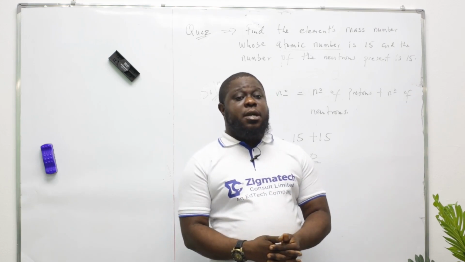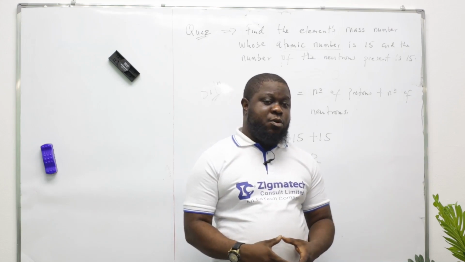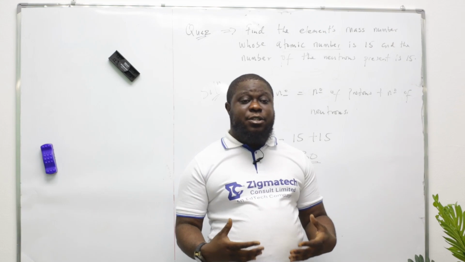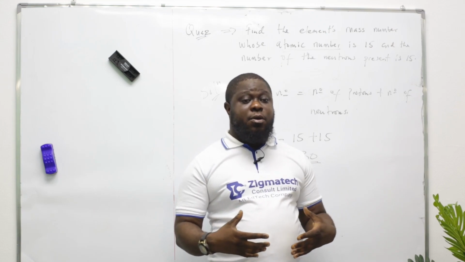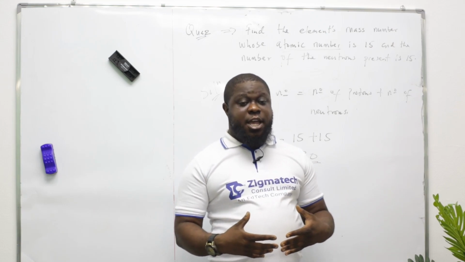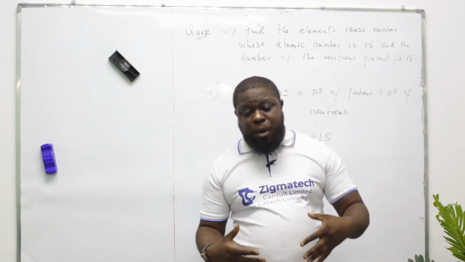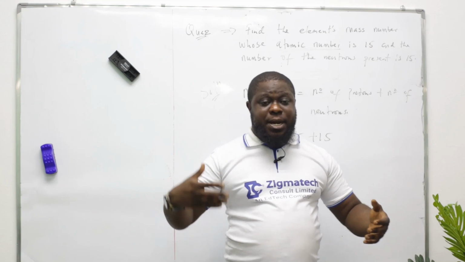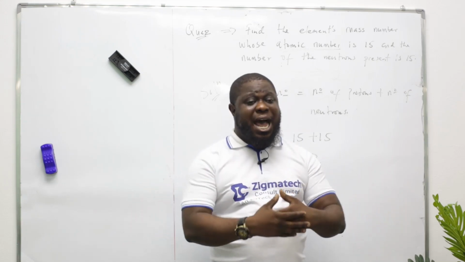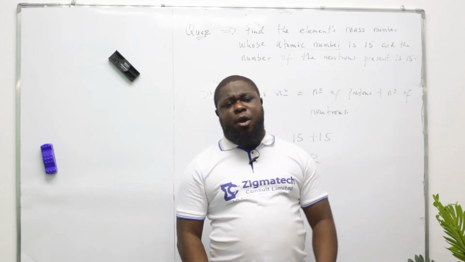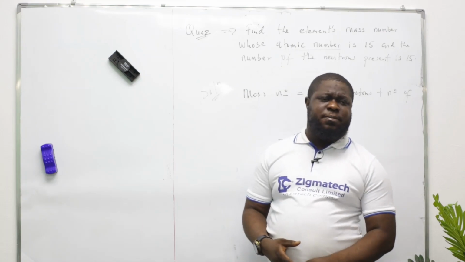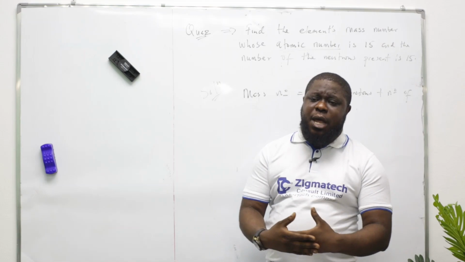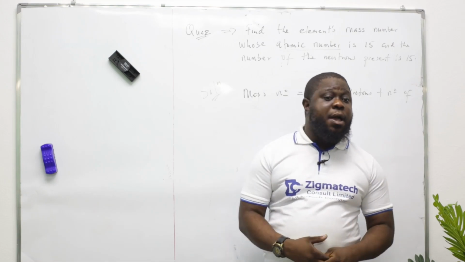So now, the relative molecular mass. Why is it called relative molecular mass? It's because the atoms come together to form molecules. When the masses of atoms come together to form molecules, they become molecular mass.